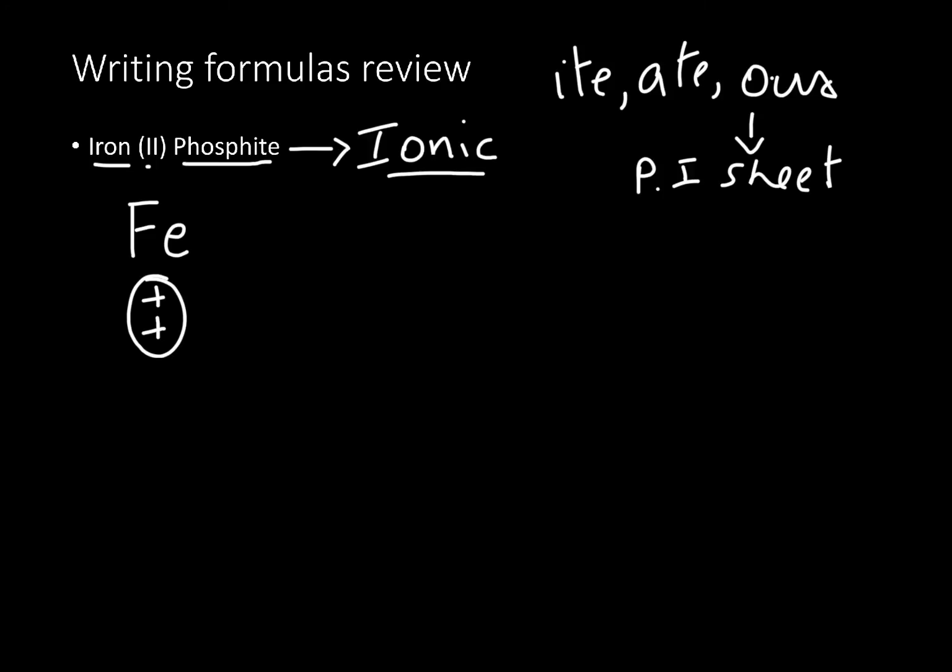I'm going to digress a little bit, and we're going to quickly review how to write formulas of polyatomic ions. So what I want you to do is look in that list and find the ion that has phosphorus in it or sounds something like phosphite.